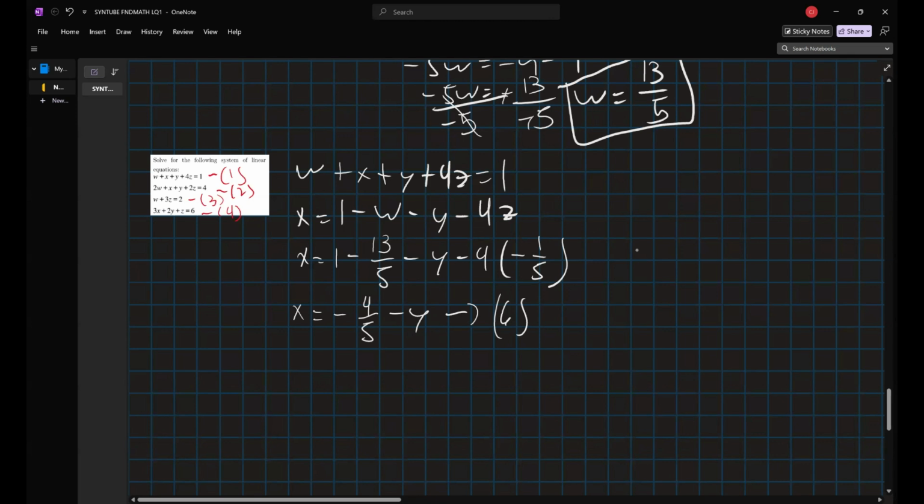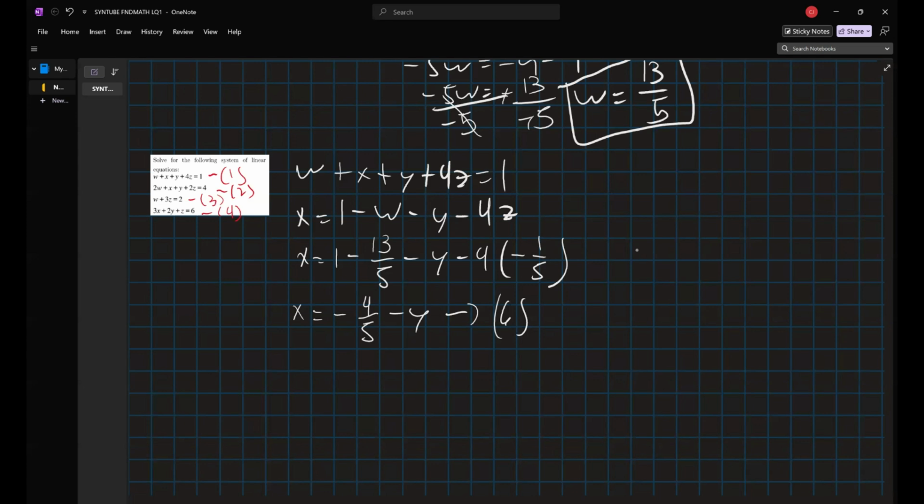We combined all terms and were left with negative 4/5 minus y. So we have an equation for x, our sixth equation, which we will use to solve for y by substituting it into the fourth equation.